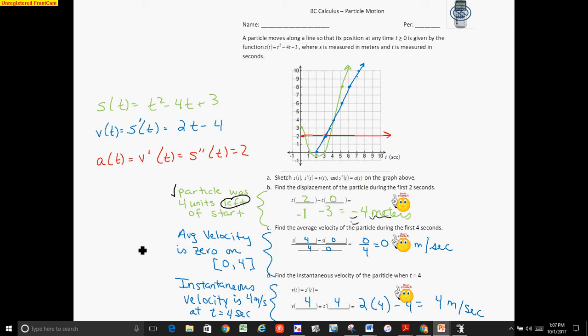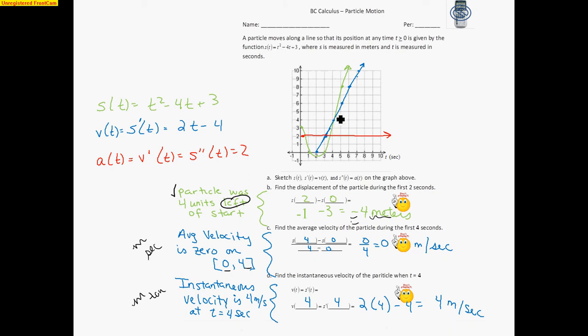This was an average velocity or a slope of the secant on the green parabola from 0 to 4. Instantaneous rate was the slope of the tangent and was positive, right? And if you look at 4, right, if you look here, wouldn't the slope of the tangent be a positive number?